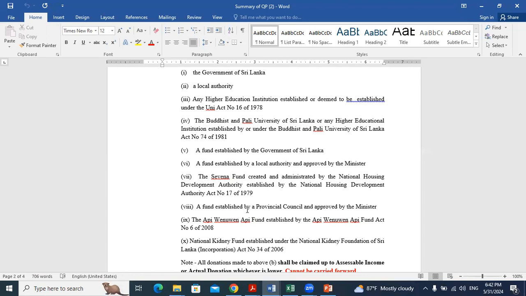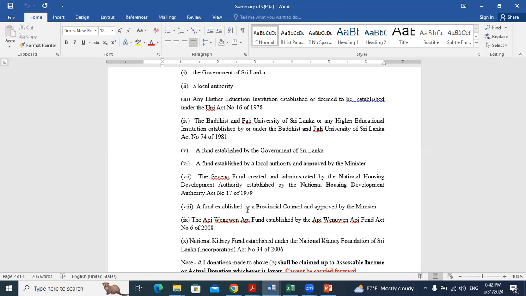Simply for your understanding, it may be something donated to the government. For example, somebody donates some money or furniture to a university in Sri Lanka, or to a fund established by the government. Or somebody donates some cash or furniture to a government school.